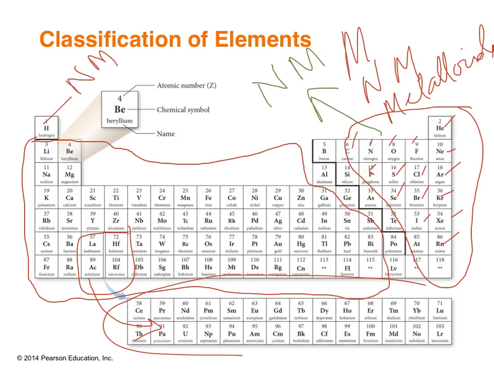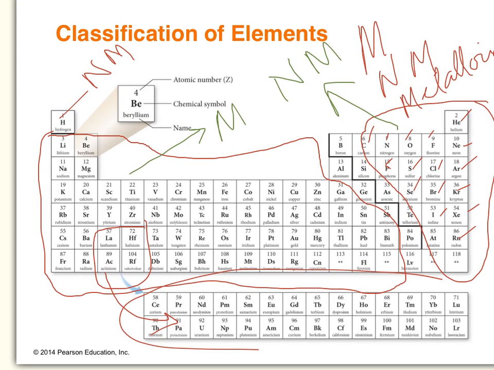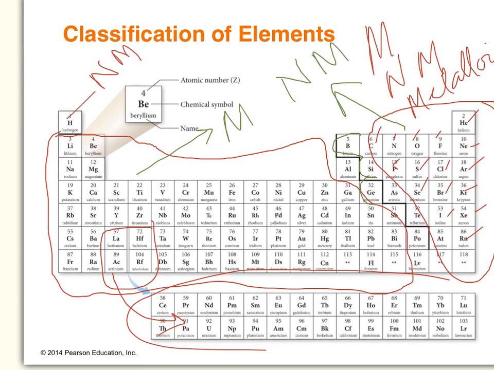Non-metals, okay, and these are all metals, and in between here are boron, silicon, germanium, arsenic, antimony, tellurium, and astatine.